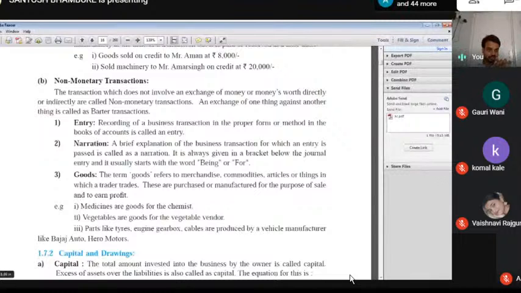Means first line, son account debit. Second line, I create some little space, and then I entered to mother account.